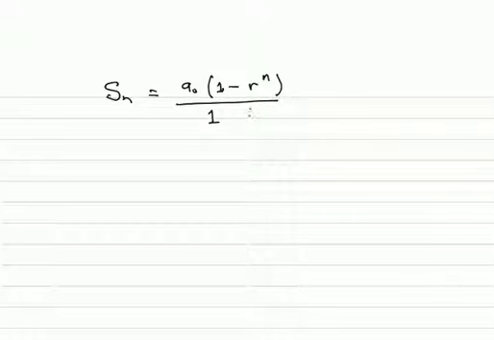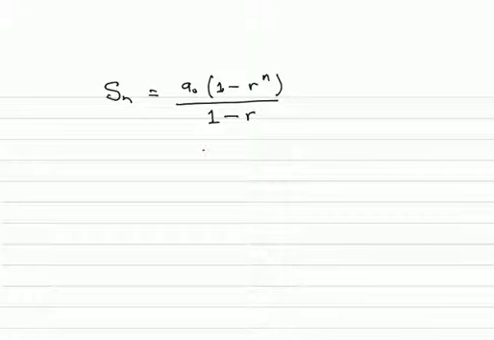Now let's look at how we can get the sum of the geometric series starting from Sn equals a0 times 1 minus r to the power n over 1 minus r.